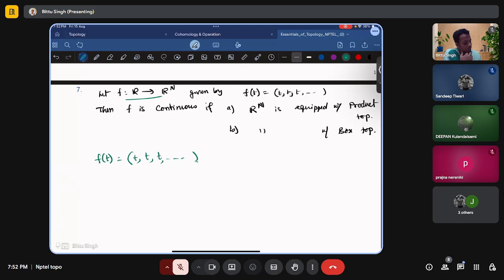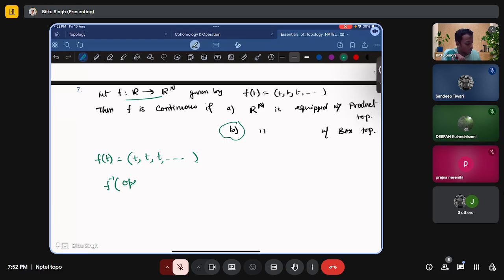First, let us see what will happen if we consider box topology. What is the meaning of continuity? The inverse image of an open set is open.